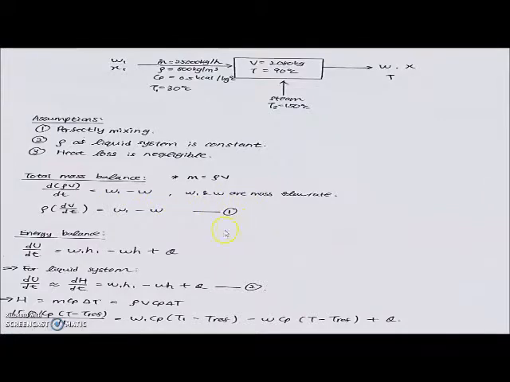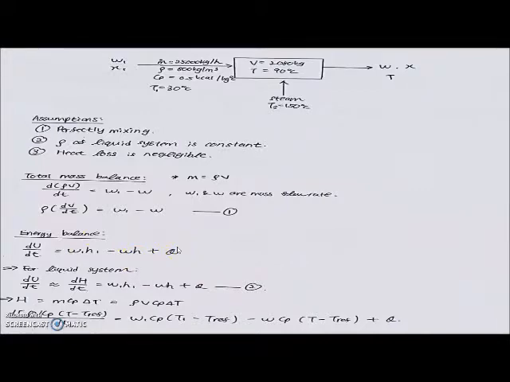The next step I did was the energy balance. The concept here is exactly the same as the mass balance above. The overall change of energy in this system will be equal to the energy at inlet minus the energy at outlet plus the external energy.